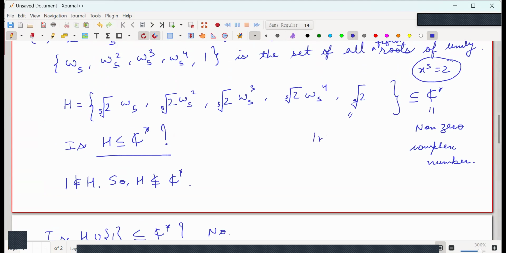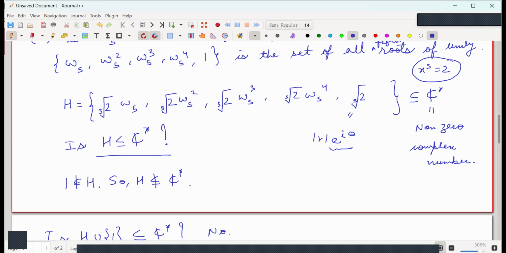In simple words, if you express this number in polar coordinates as r e^{iθ}, then when we are talking about the roots of unity, we always have a number like this, but here this mod r is not 1.